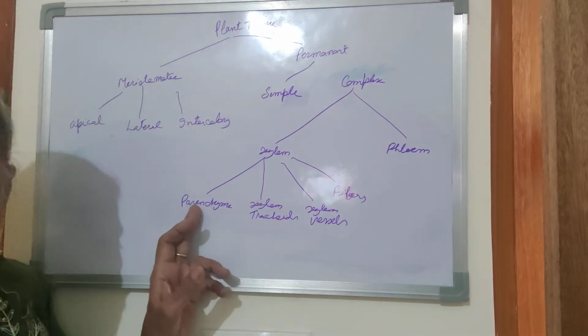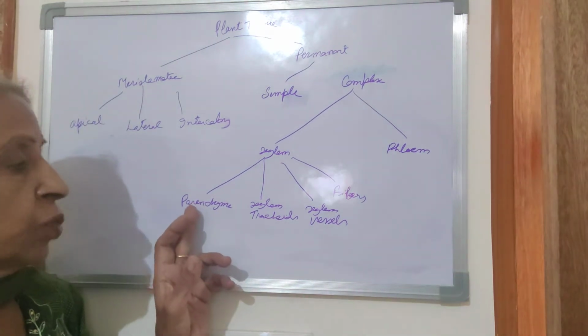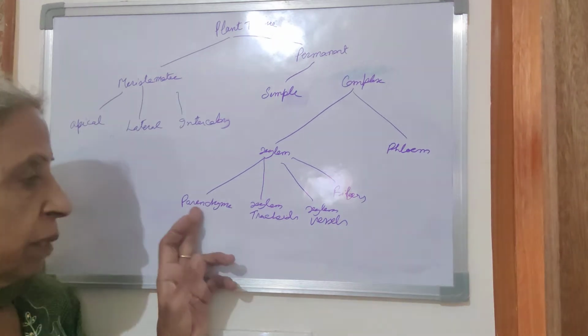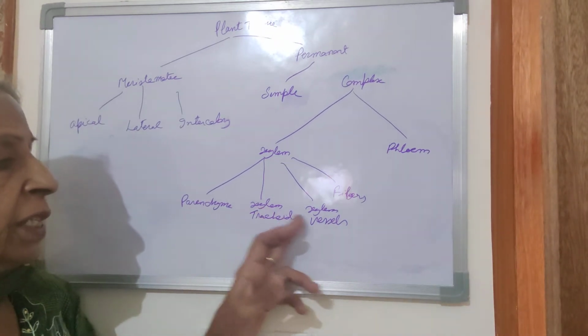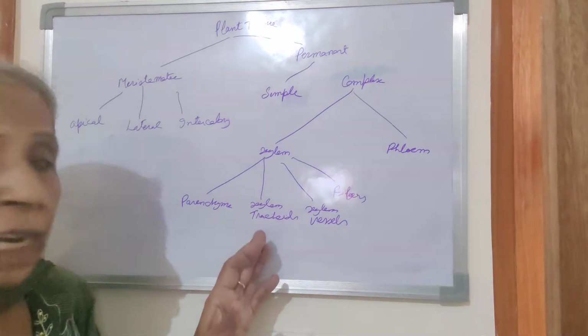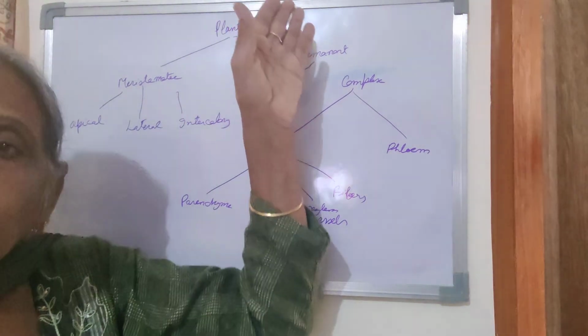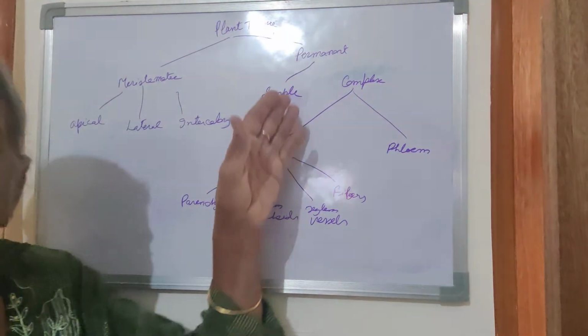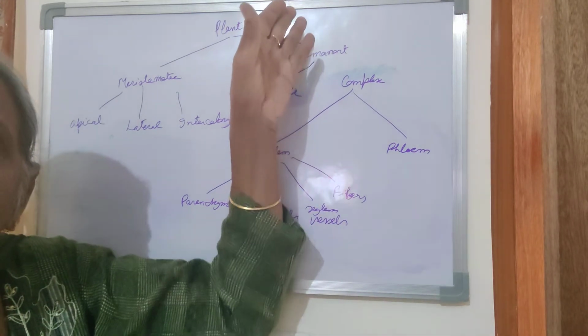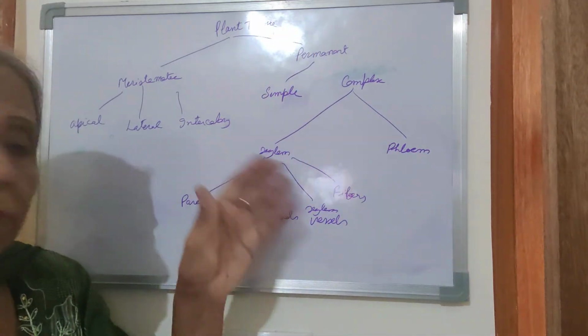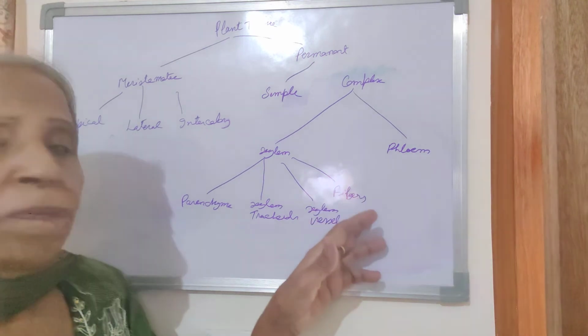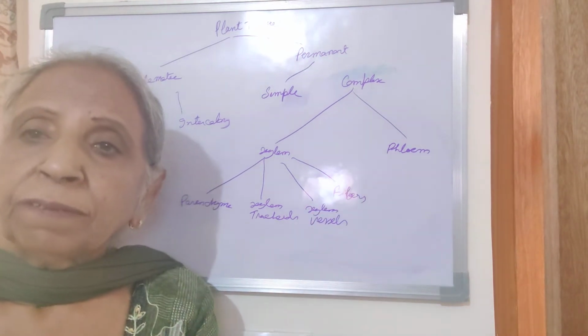Parenchyma are simple living cells, and they store food material. Xylem tracheids and xylem vessels help in conduction of water and minerals from the roots to the tip of the plant, that is leaves, stem, etc. Fibers support the plant.